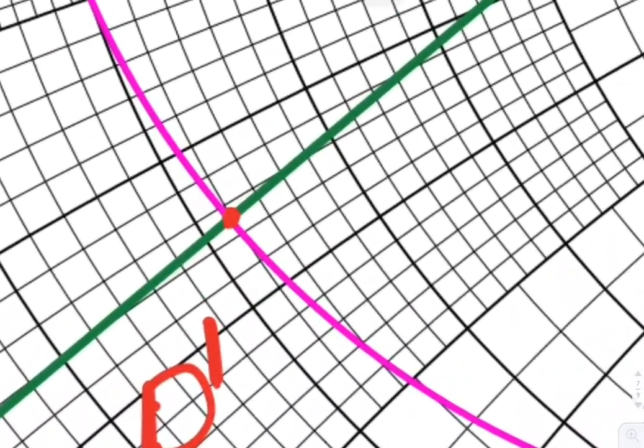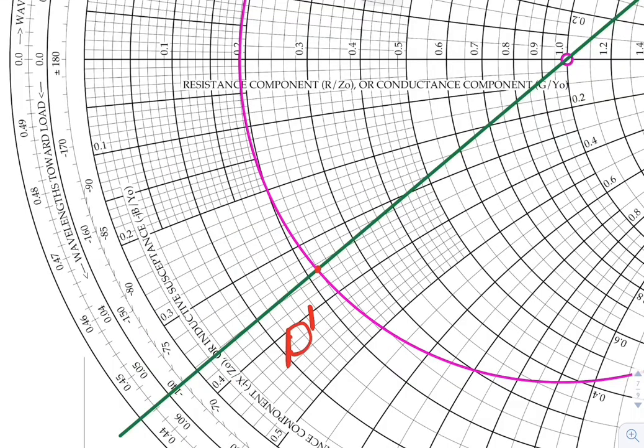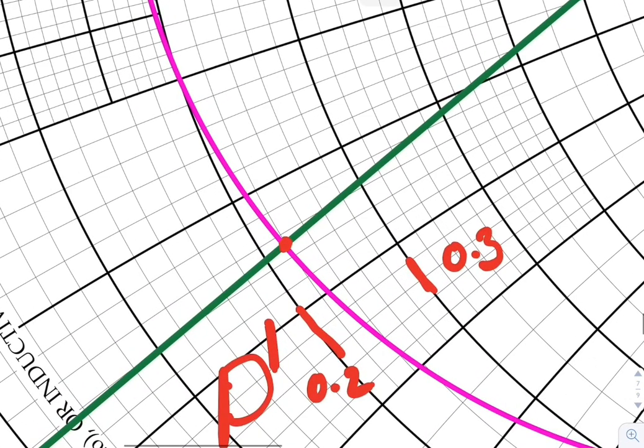Now try to find out the R circle and X circle at this point. This circle is 0.2 that you see from here, and this circle is 0.3 that you can see here. So this is 0.2, this is 0.3 now, and divide this into 5 parts. That means this point is R equal to 0.22.